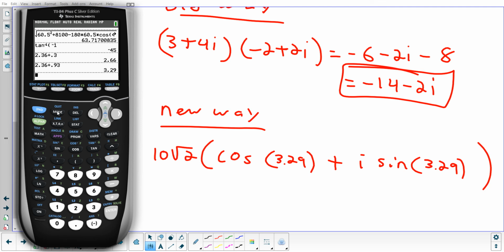Let's take 10 times the square root of 2, and multiply that by the cosine of 3.29. We're hoping we get negative 14. Good, negative 13.99.